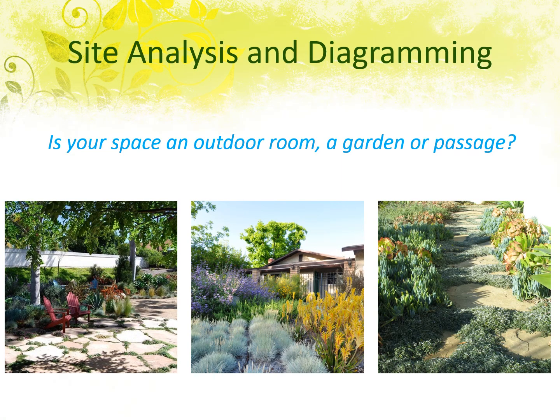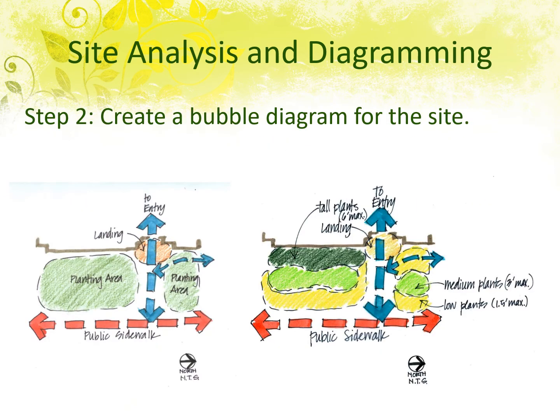And it really comes down, at least at the residential scale, to designing three types of spaces. We're designing an outdoor room, a view garden, or a passageway, or a combination of these. So we're going to work tonight in our lab practicing creating bubble diagrams.